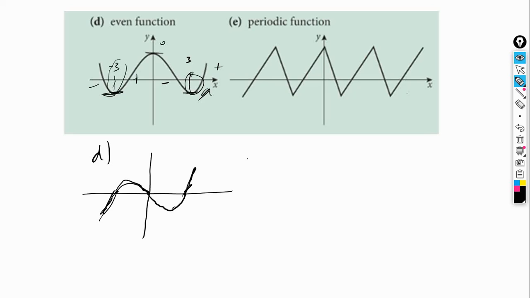Now for E, we have a different thing because this one doesn't have any nice slopes that are equal to 0, because these little things here that are called cusps are not differentiable. In other words, you have a negative slope here and then immediately positive.